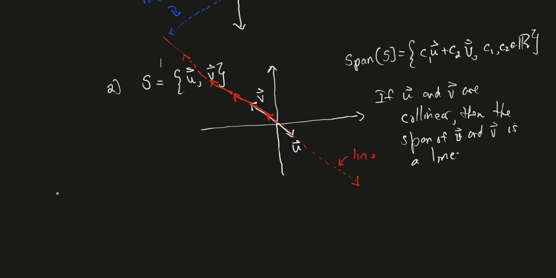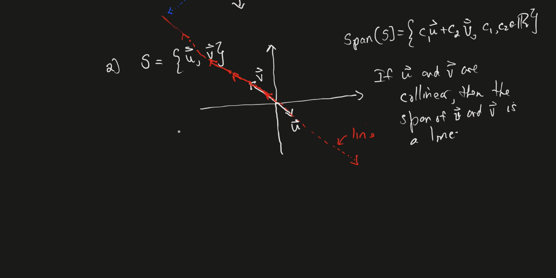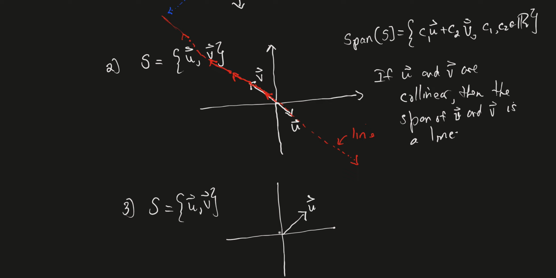The other possibility now, which is really the interesting one, is what if u and v are not collinear, right? So let's say, another possibility is this, two vectors, but now here are my two vectors. Let's say that this is u, and let's say this is v, right?